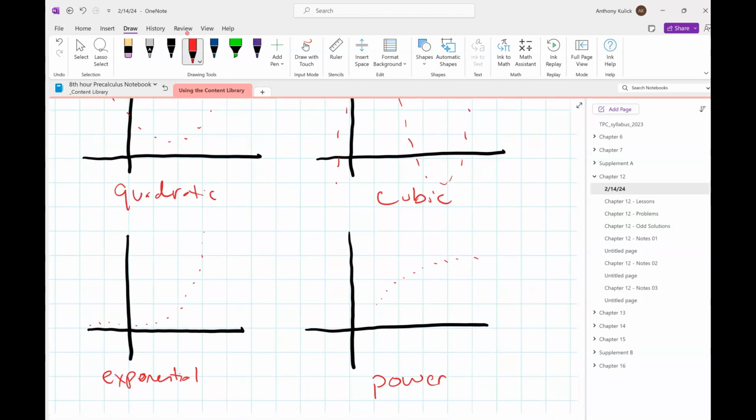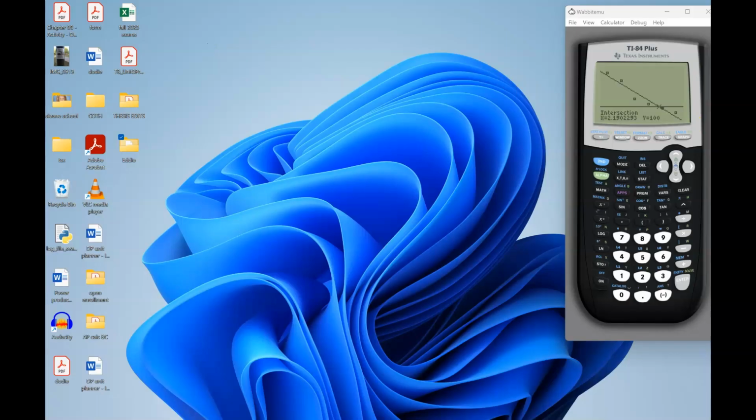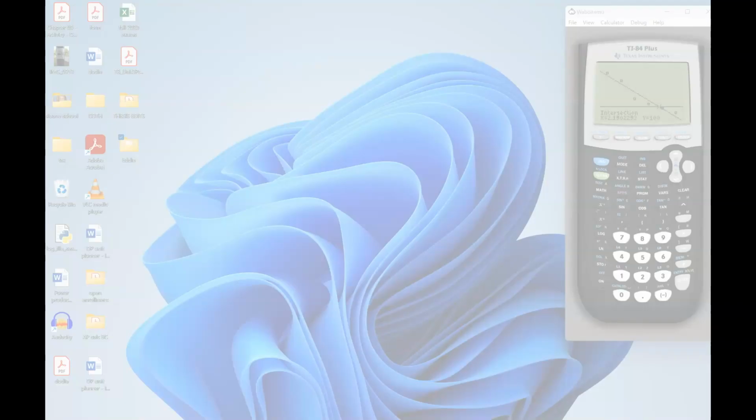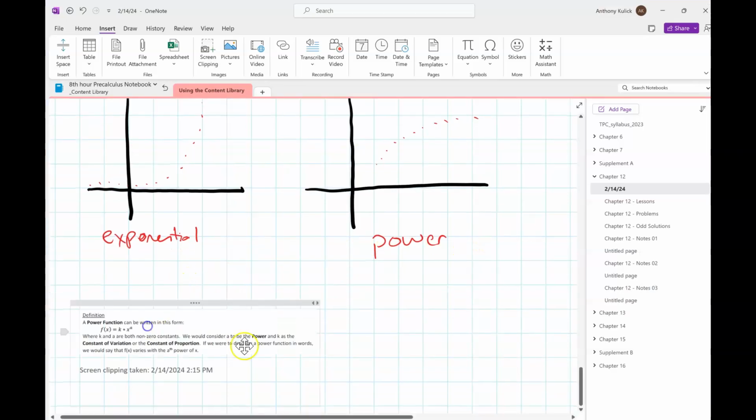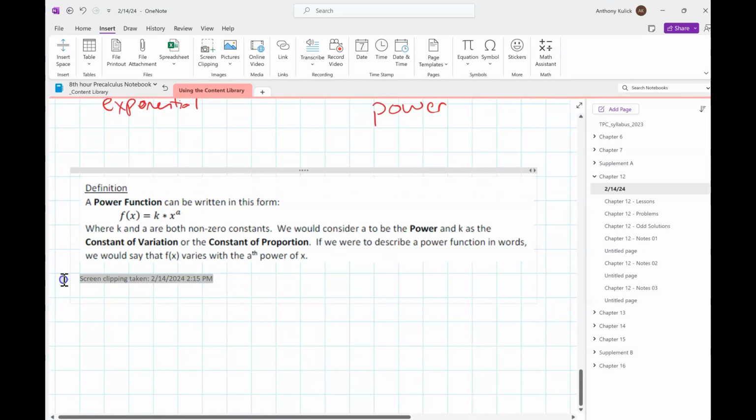Now that was a name maybe you don't remember from Algebra 2. So let's talk about what we mean by a power function here right quick. So a power function is something that can be written in the form f of x equals k times x to the a.